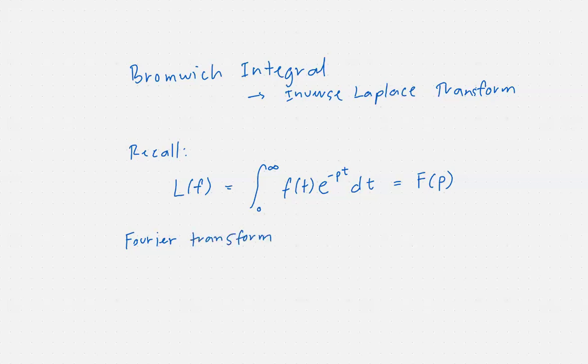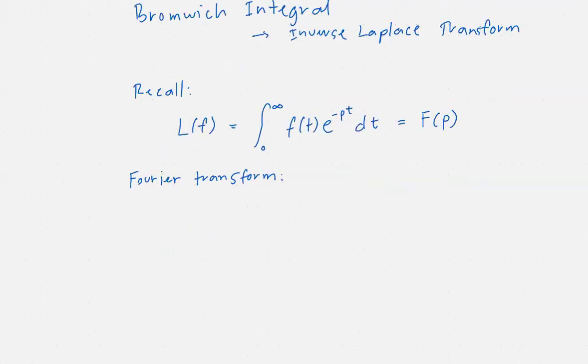So Fourier transform is just f of x is equal to the integral from negative infinity to infinity of some function g as a function of alpha, e raised to i alpha x d alpha. As you can see, this is very similar to the Laplace transform, wherein you have a function here being multiplied by some exponential function, right?